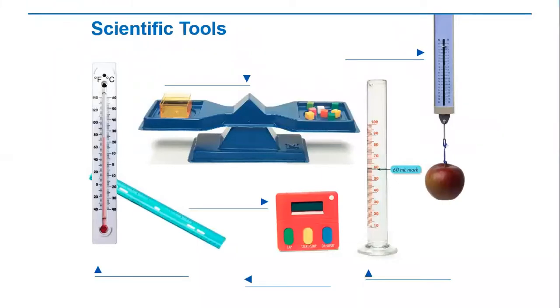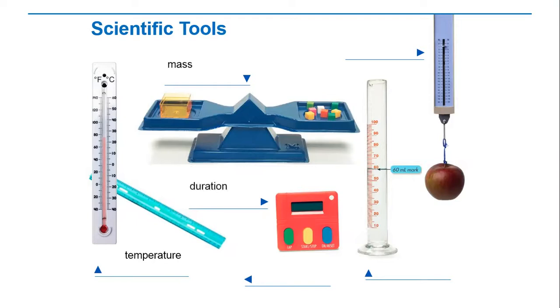We have different scientific tools. What are these tools? Yes, it's a thermometer to measure temperature. Now here also we have a ruler. We have a balance to measure mass.